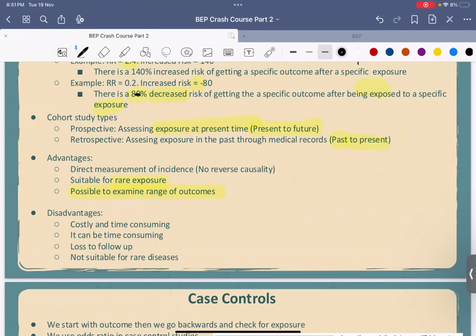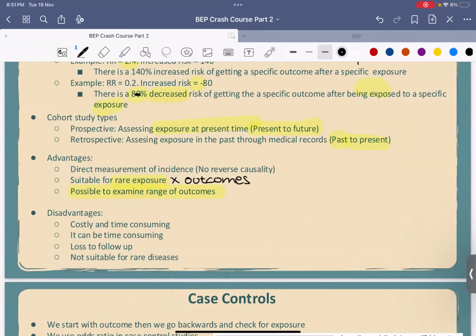One thing I want to note is that it's suitable for rare exposures, but not suitable for rare outcomes. Let's say I'm looking for a very rare disease, and I take 100 people with a certain exposure. And I want to see if this exposure leads to that outcome.